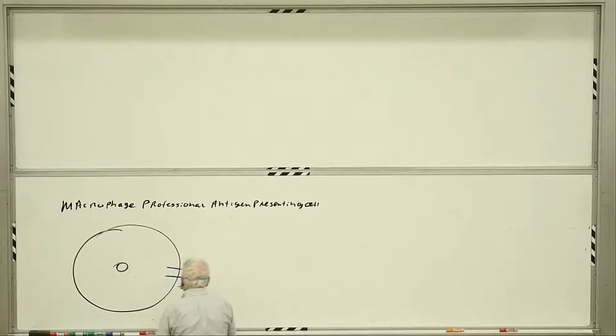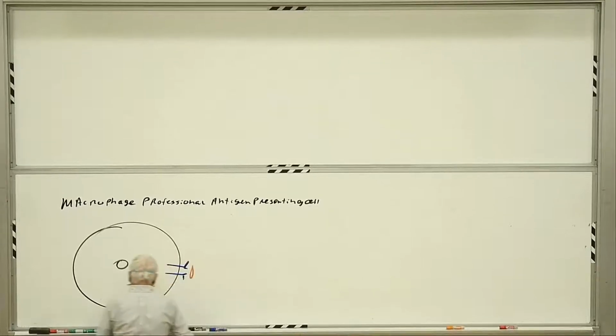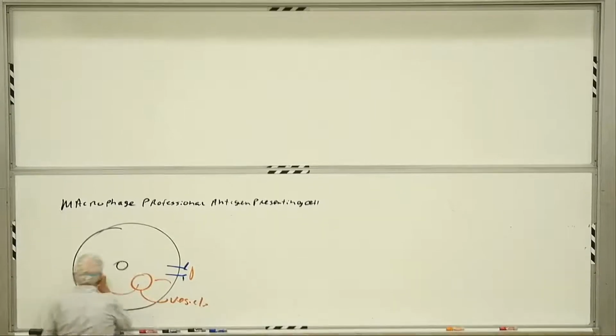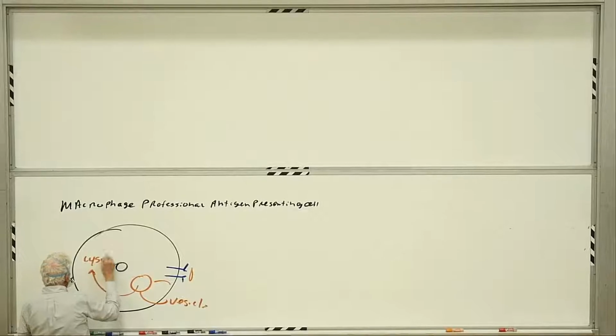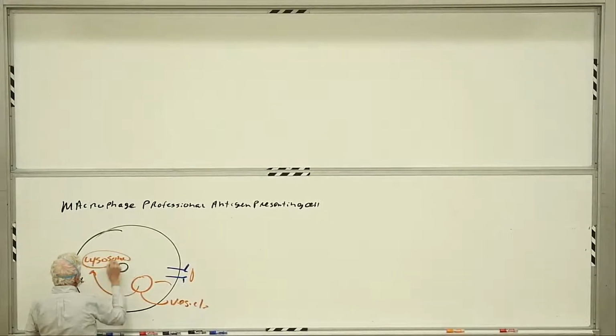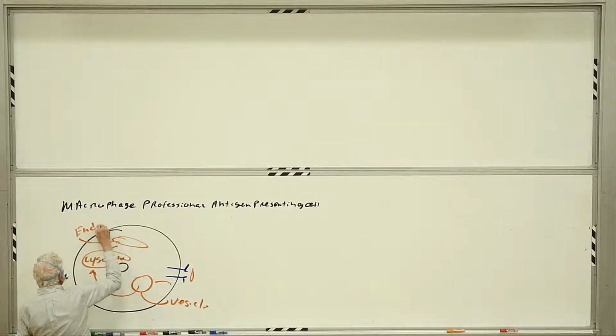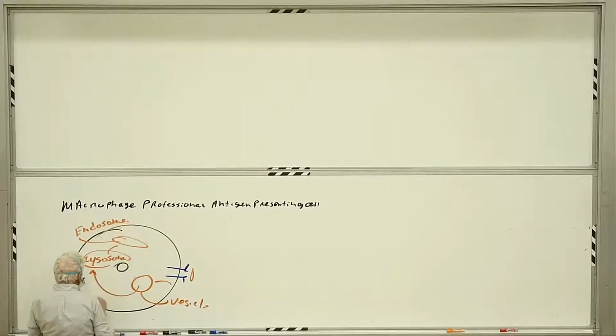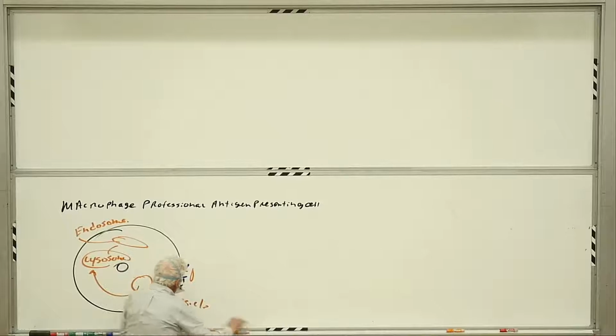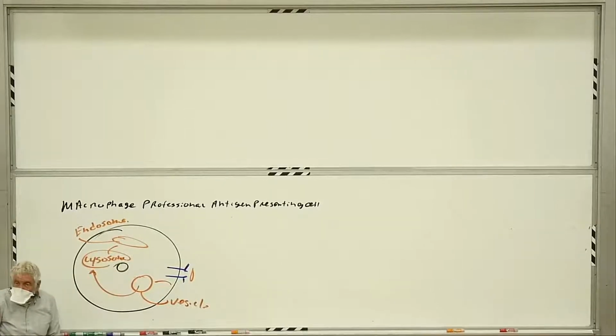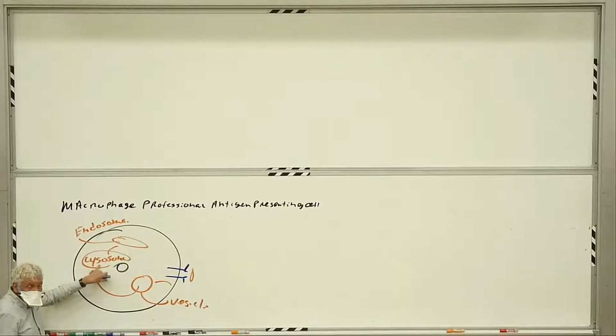Then we pulled that bacterium into the cell. It went into a vesicle. The vesicle went to the lysosome. From the lysosome, we went to an endosome. In the lysosome, this bacteria was chopped up into its component parts. Basically, it was all these proteins, and all these proteolytic enzymes in the lysosome broke it down into tiny pieces.